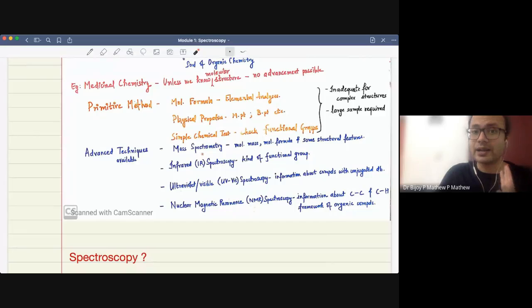But if you have a curiosity to read about it, the textbooks that I'm uploading, particularly Organic Chemistry by Paula Bruice, are simpler to understand, because Pavia is a more advanced book. If you just read through the mass spectroscopy, you might get a fair idea about what it is. Those who have interest, just go through those portions from those books.